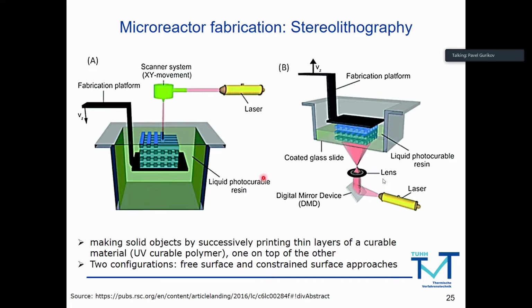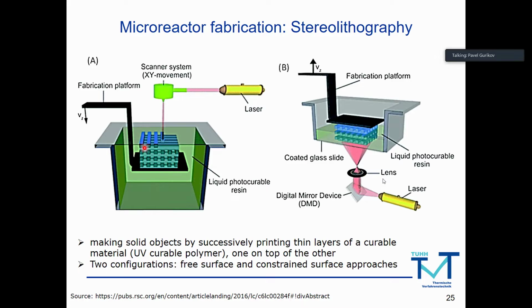This solution is a photocurable resin solution. When you shine light on this, when you supply photons, then you can polymerize the solution, but only locally. The bulk remains the same. Only at the focal point of your laser beam do you have local polymerization.